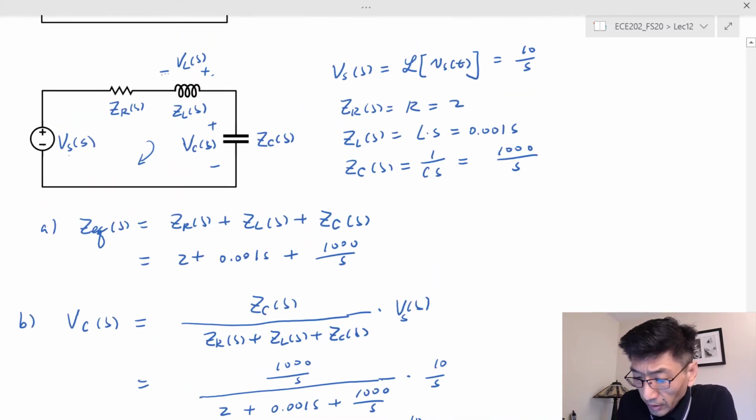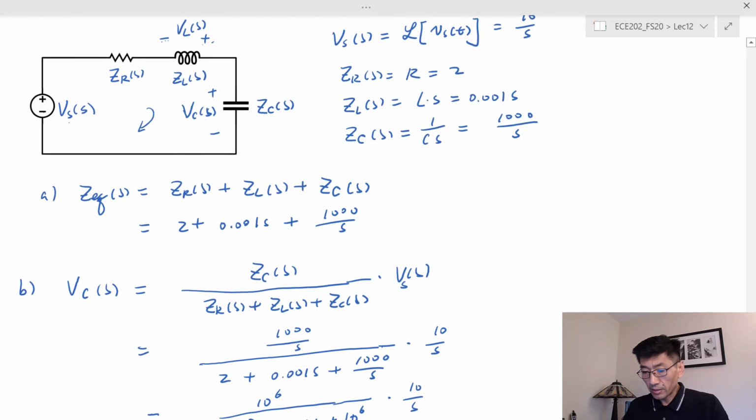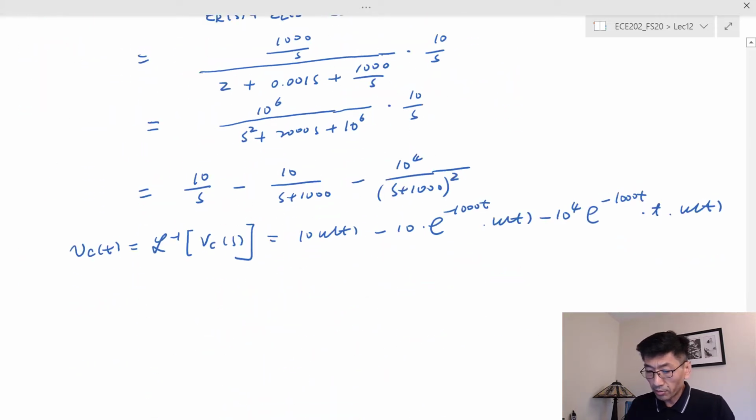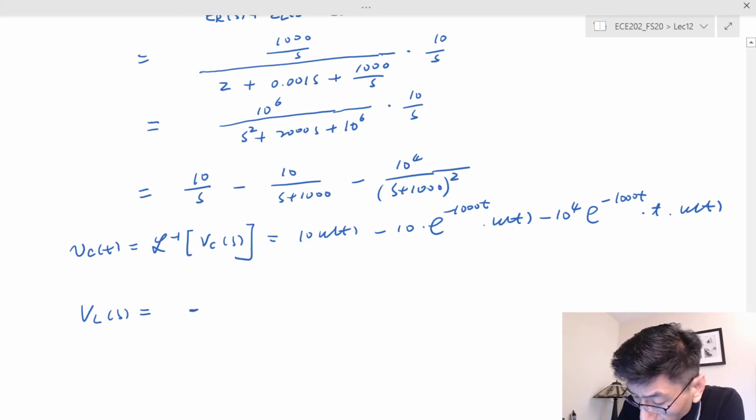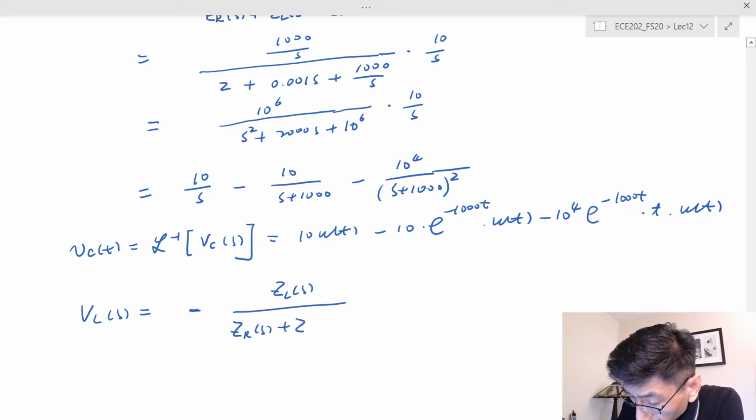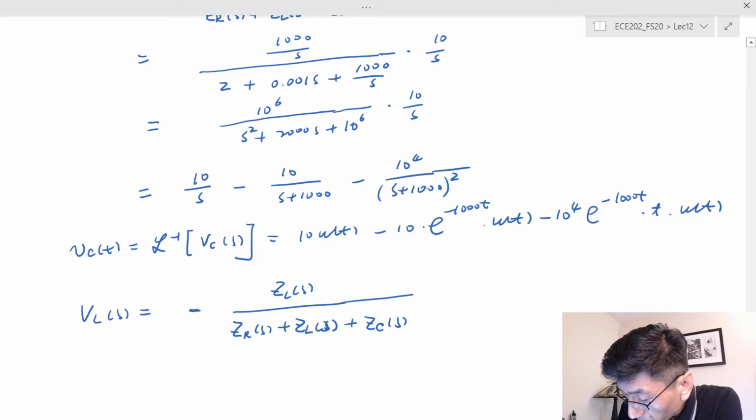So in this case we should put a negative sign there, because this one is not in that direction. In that case V sub L of S should be equal to negative Z sub L of S divided by Z sub R plus Z sub L plus Z sub C of S, times V sub S.